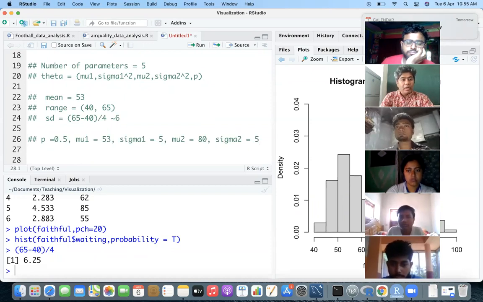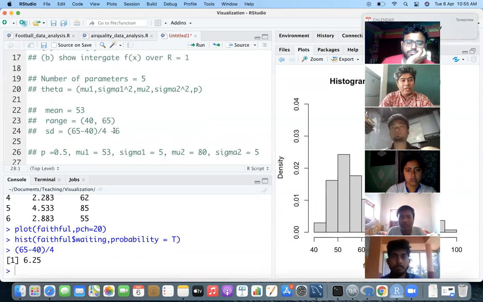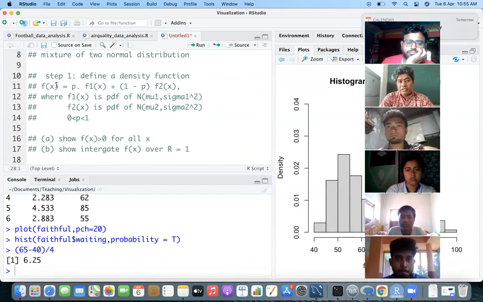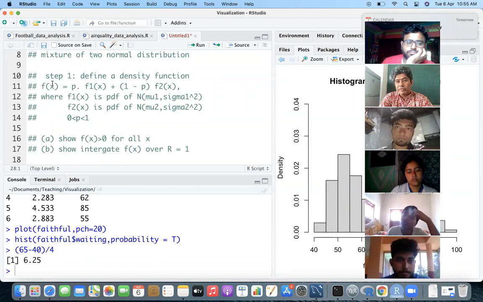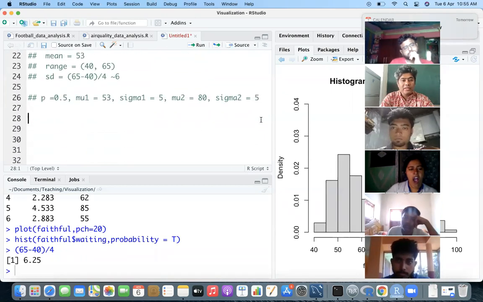These will be the parameters of this distribution, and let's plot this distribution over this histogram and see what happens.